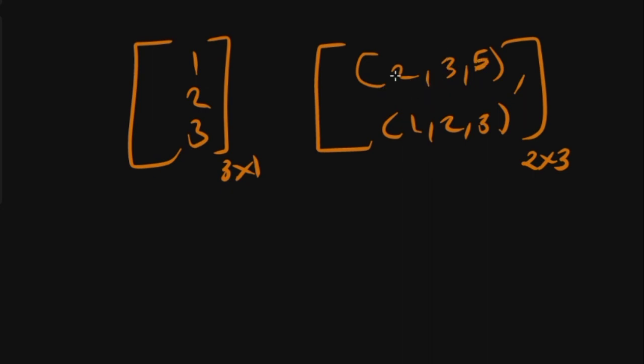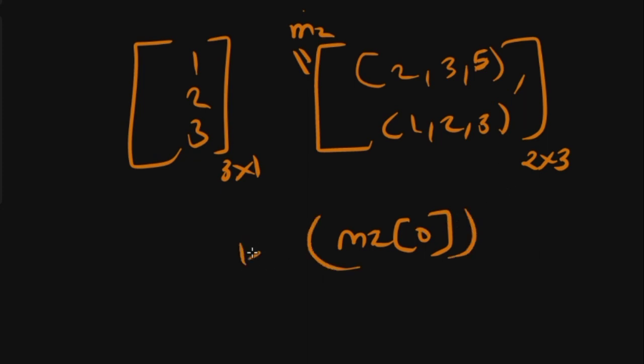Okay, so if I choose the first element from this whole list, let us consider this bigger list as m2, and if I choose m2 of any value, let it be 1 0 or any value from that list, and I check its length, what will this give? I am basically checking the length of this individual list.